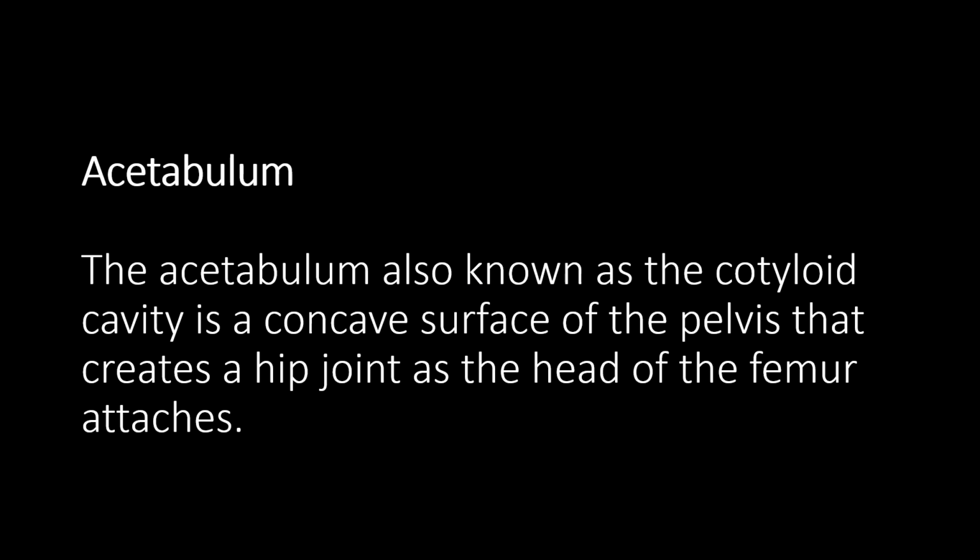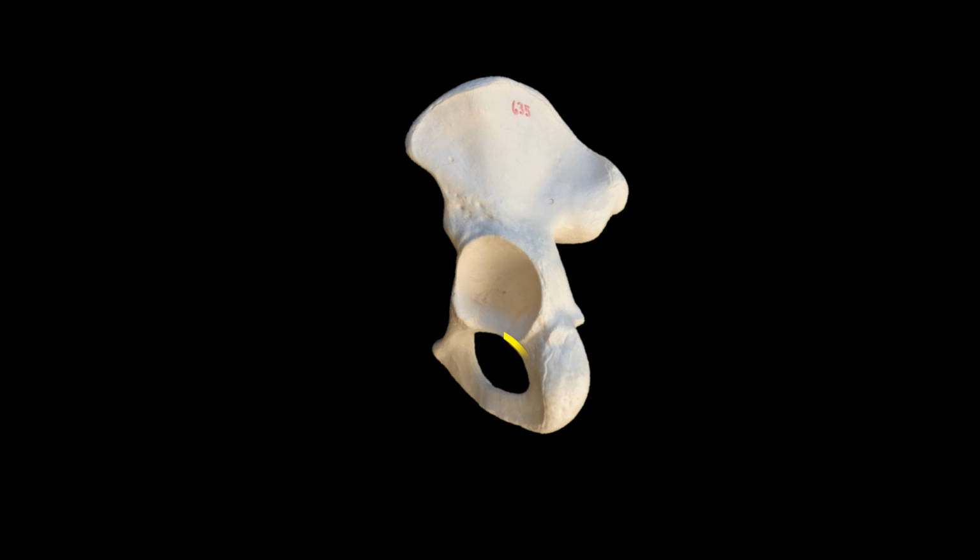Acetabulum. The acetabulum, also known as the glenoid cavity, is a concave surface of the pelvis that creates a hip joint as the head of the femur attaches. Name this anatomical area.